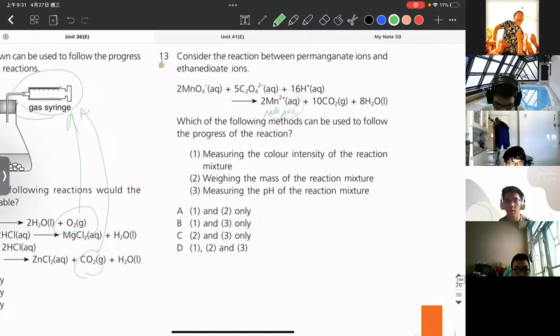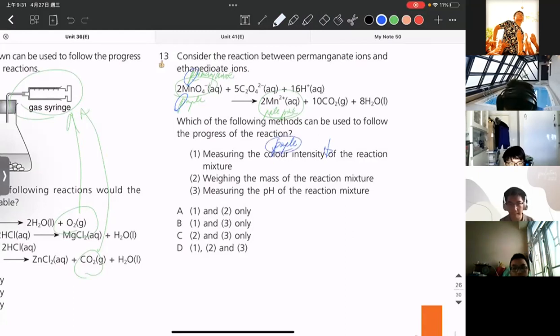Pale pink for manganese 2, purple for permanganate, P for purple, permanganate. Tell yourself 21 times. Permanganate, P for purple, okay? P for purple, P for purple, P for purple. So the color intensity of a purple solution drops.